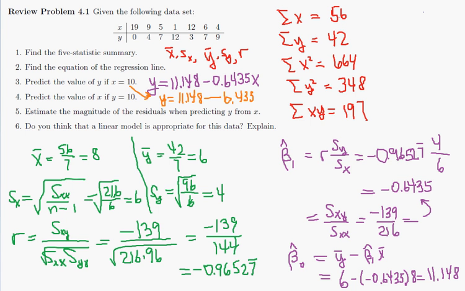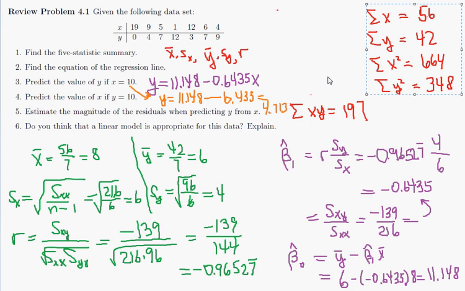And so we do the arithmetic, and we get that that is 4.713. So that's the answer for part 3.